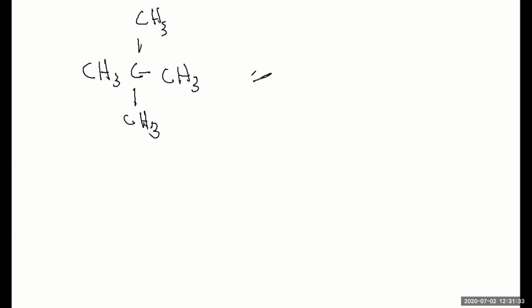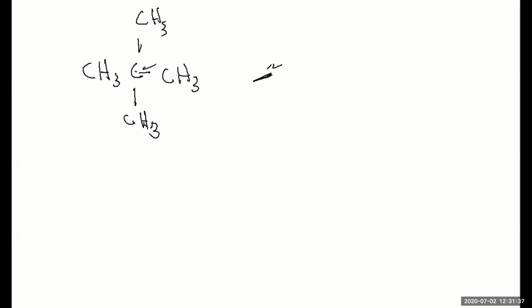Let's do this example here. CH3, C, CH3, CH3. So we have a carbon here with 4 methyl groups bonded to it. So we start here, and then we have the carbon here.